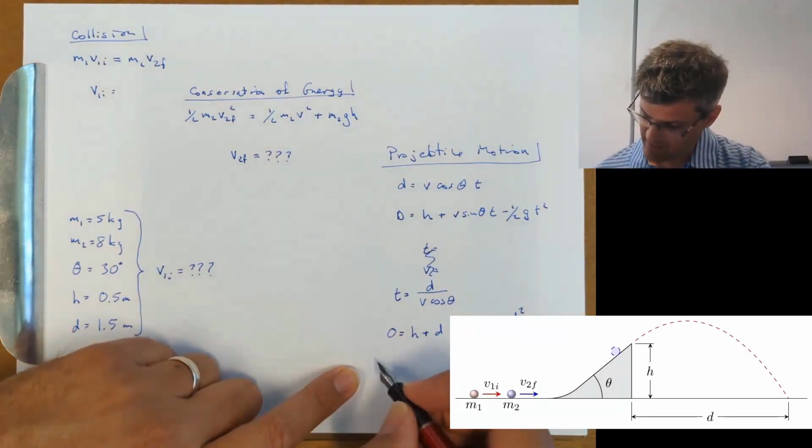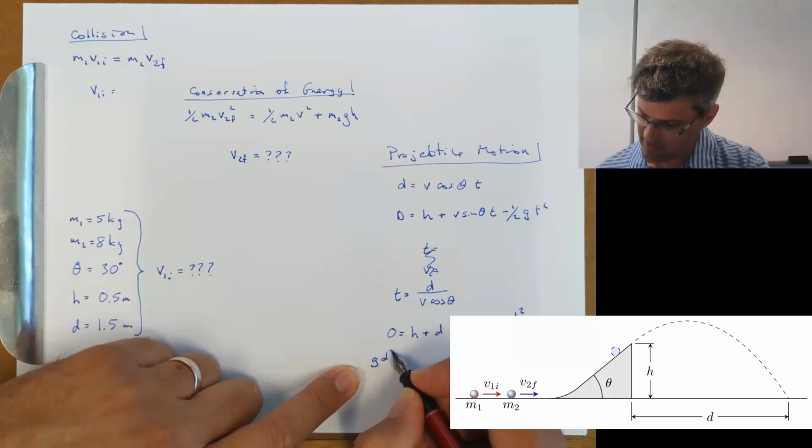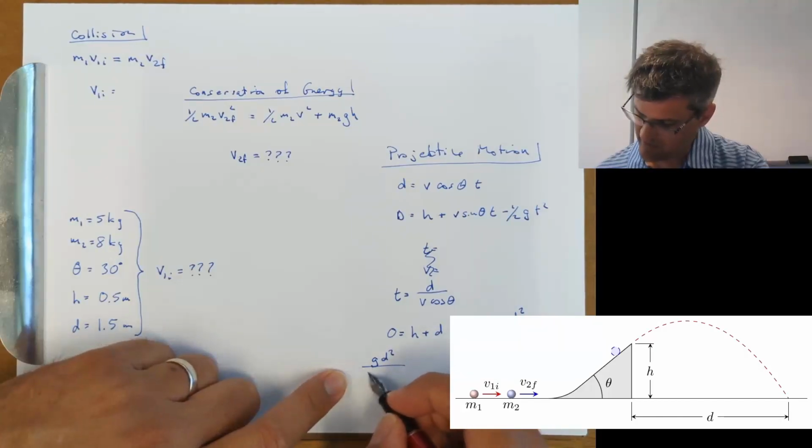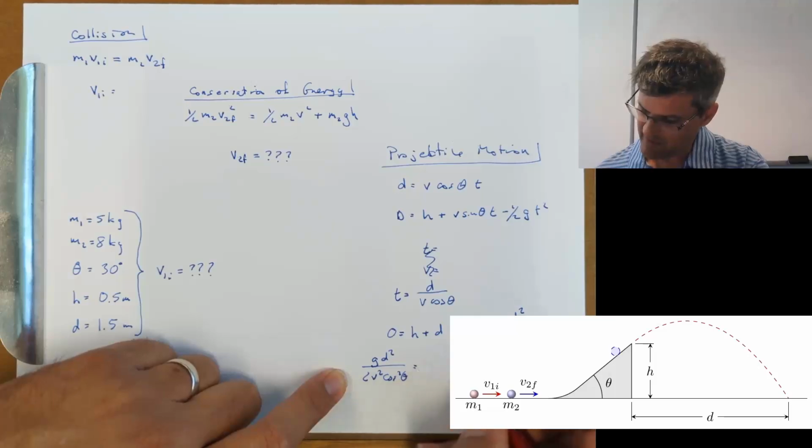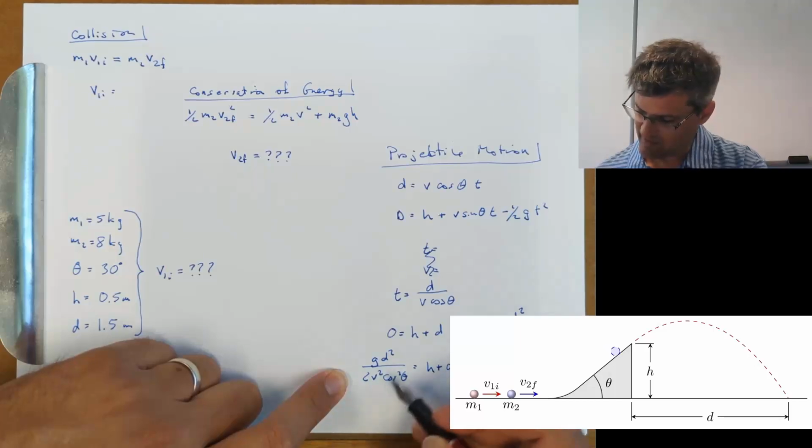And here we see that G D squared over 2 V squared cosine squared theta is equal to H plus D tangent of theta.